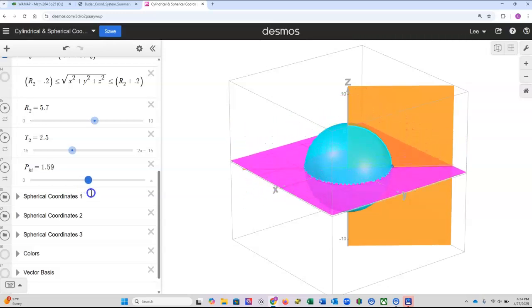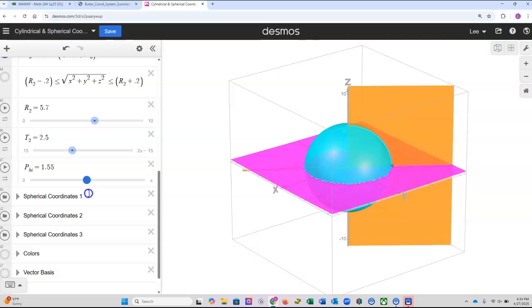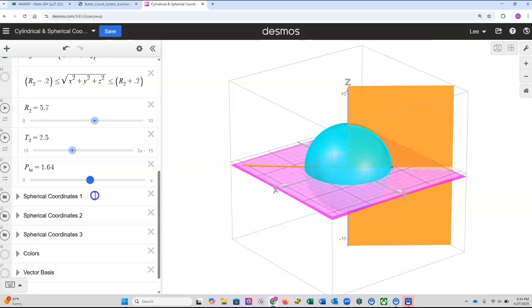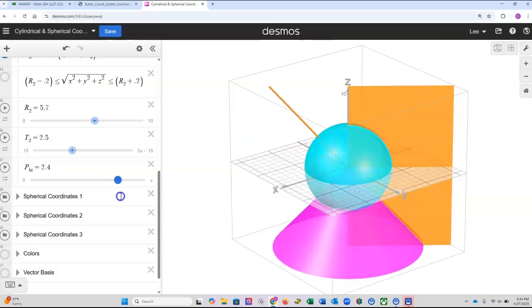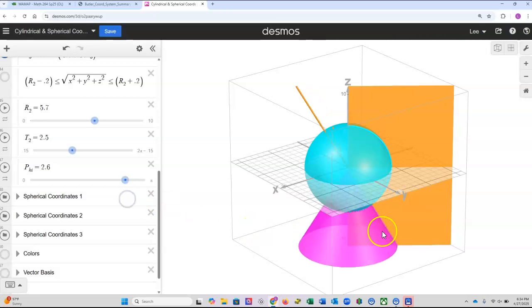So then I'm right there in the XY plane, the usual coordinates that I would normally get. But then as phi continues on toward pi, I start getting that cone shape again. So this would be my constant phi, whatever angle that is between the z-axis and the cone. That's what I'm getting for that one right there.